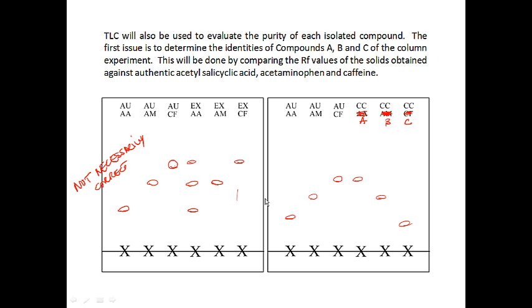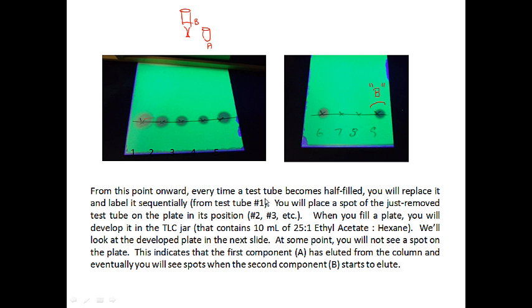I guess there's one thing that I forgot to mention along the way, and that is that when you actually develop a TLC plate, you're going to see one of these dark spots maybe occur up here. Now, unless you have one of these tanning lights at home that you can stick these TLC plates under, and if you do, don't tell me that you do, you have to take a pencil and circle the spot so that way later on you know where the spot ended up.